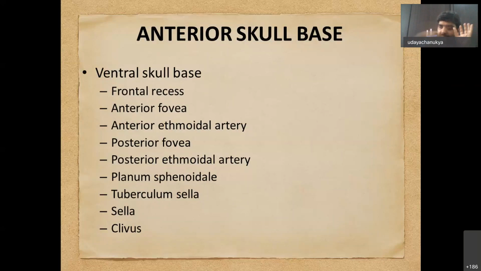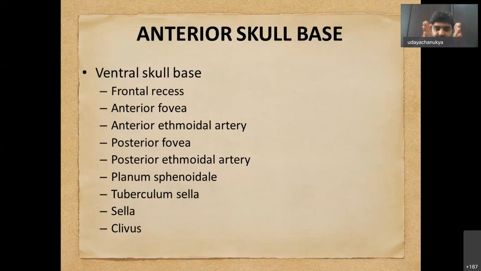But there are a number of landmarks and names to be followed between these. Frontal recess, anterior ethmoid artery. The place between the frontal recess and the anterior ethmoid artery is the anterior fovea. Anterior to the anterior ethmoid artery is the anterior fovea.